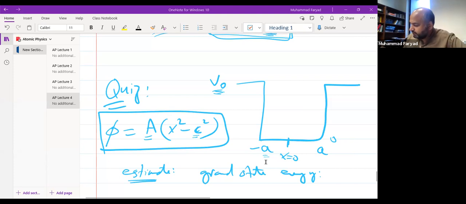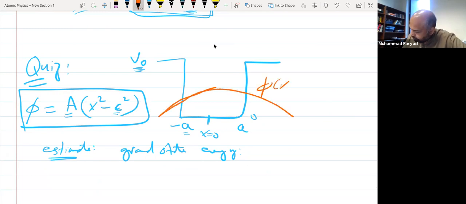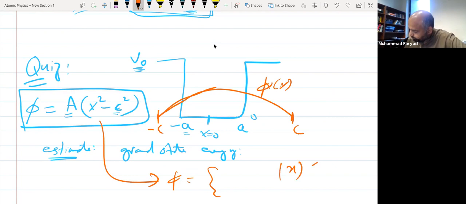Let me say that this function phi is like this, that from minus c to c, it's given by this. And after that, it is 0.